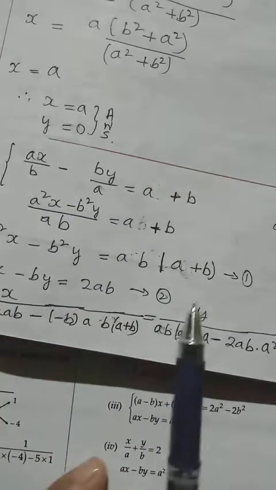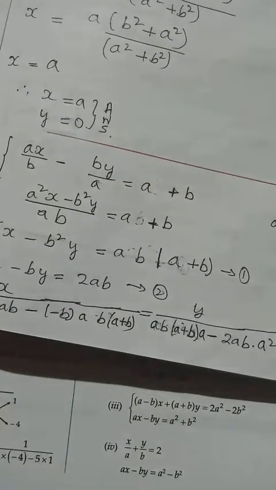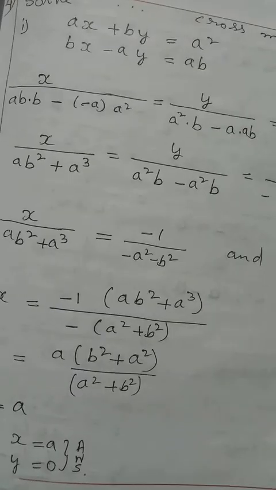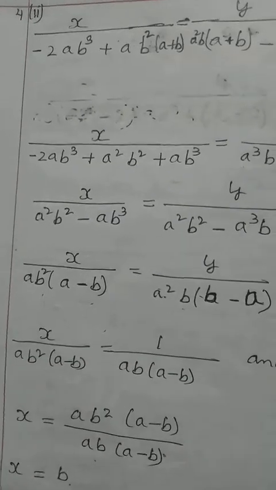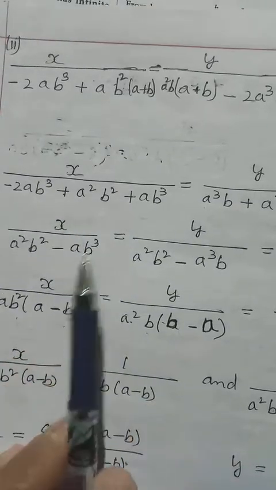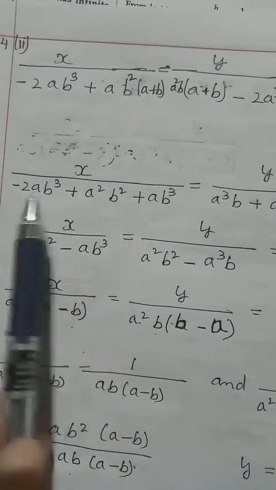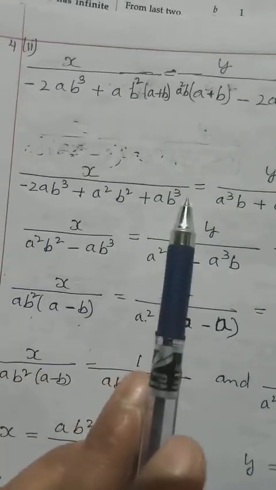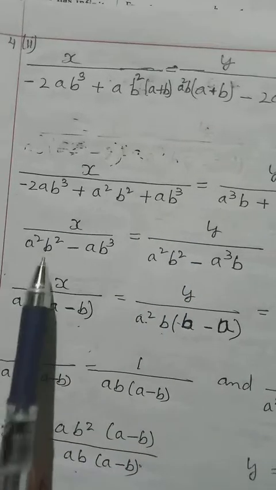So we multiply inside, minus b square minus 2 into 2ab will become 2ab cubed, minus 2 minus plus b into b square. We multiply inside, it will become a square b square, then ab cube. Here also we multiply, then after that we separate that of x and constant term, that of y and constant term. Here we see ab cube, they are the same, we can minus.